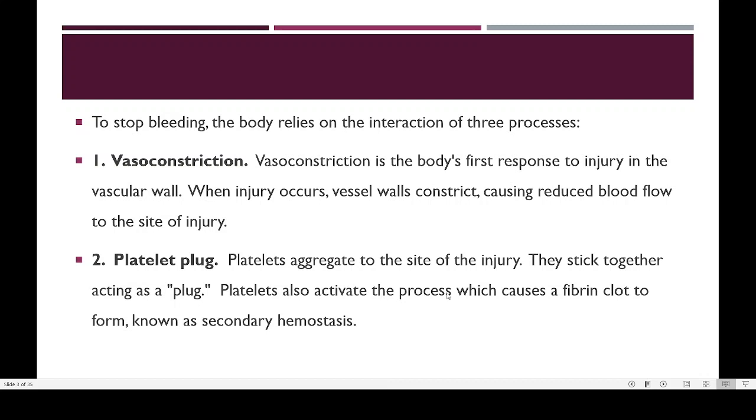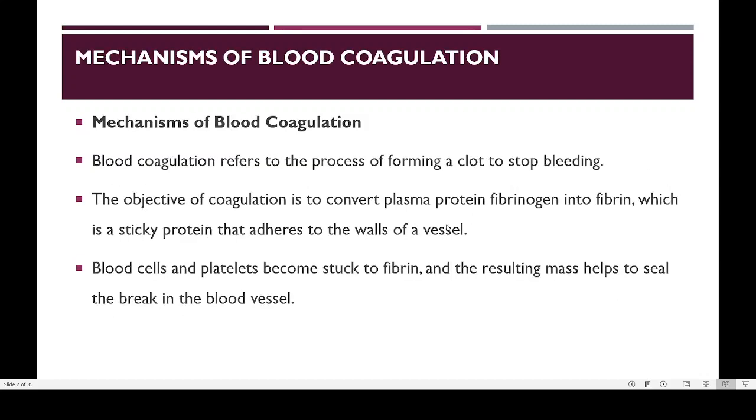So platelets also activate the process which causes a fibrin clot to form, and that is known as secondary hemostasis. So the second function of the platelets is that they promote or activate a process called fibrin formation. Here you can see the first step I told you, the basic process in any blood clotting: fibrinogen getting converted into fibrin.